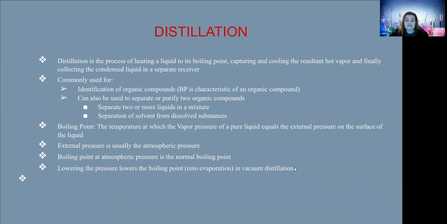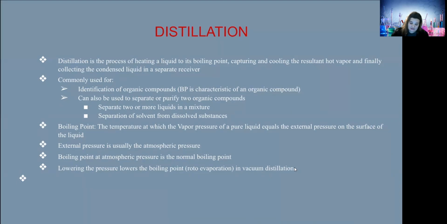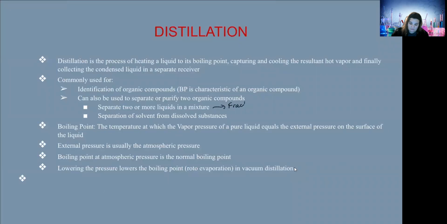But what this does is it allows you to separate 2 or more liquids in a mixture. That is called fractional distillation. And fractional distillation is actually what you had done in your lab, right? Where you have your 2 mixtures and then you're separating them and you're taking fragments of each, okay?